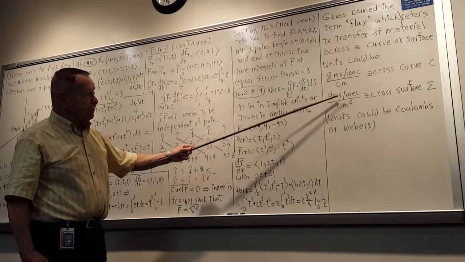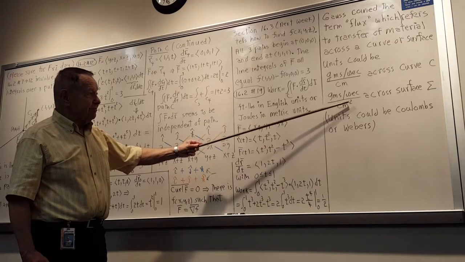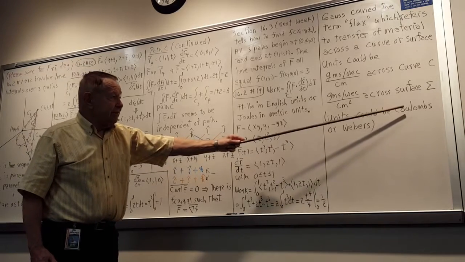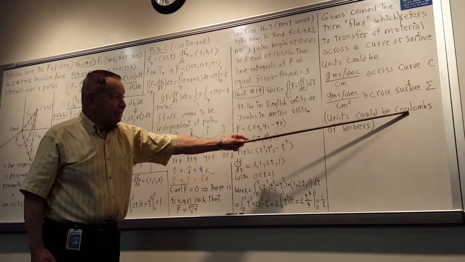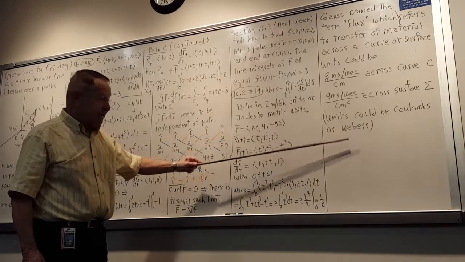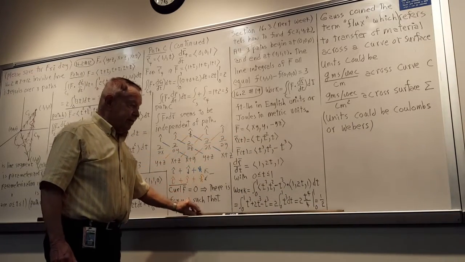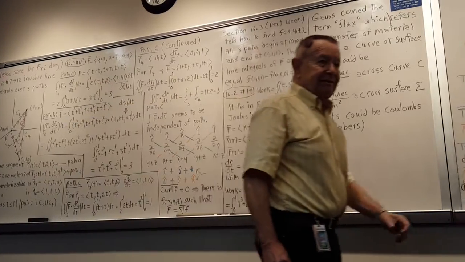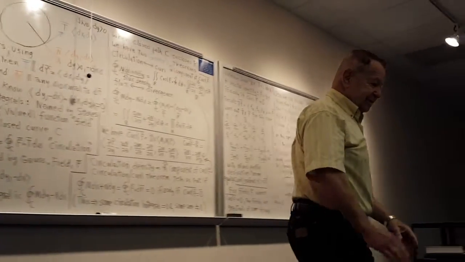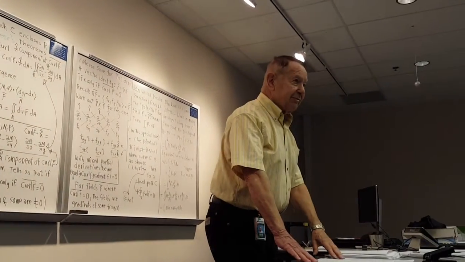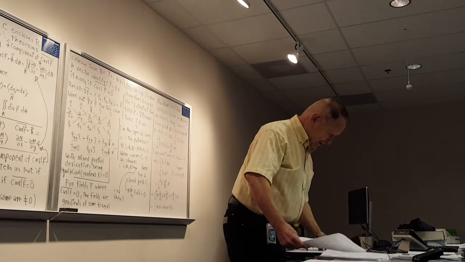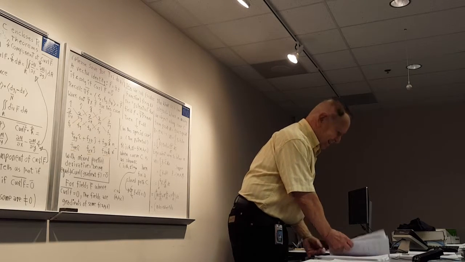Or across a surface, grams per second per square centimeter. And as I said, you could be talking electric charge, so coulombs, or magnetic induction, so it could be, well, we say Webers in this country. The German physicists certainly would have said Weber, but it seems a little bit professorish to say Webers here.